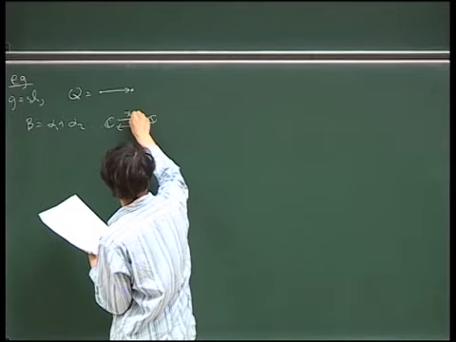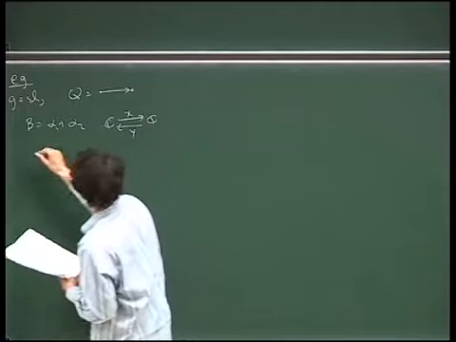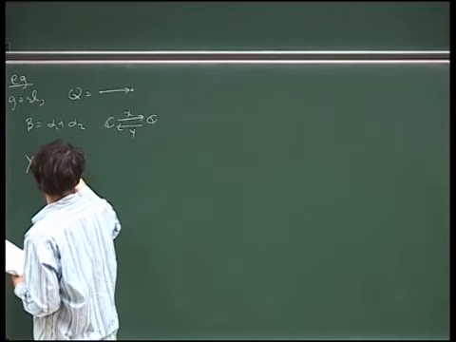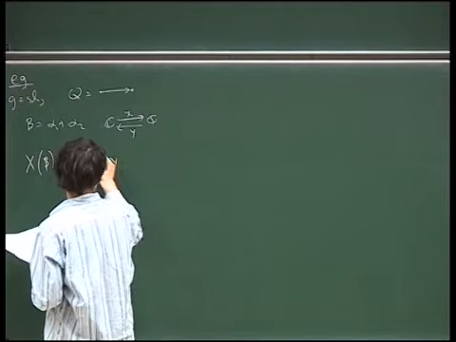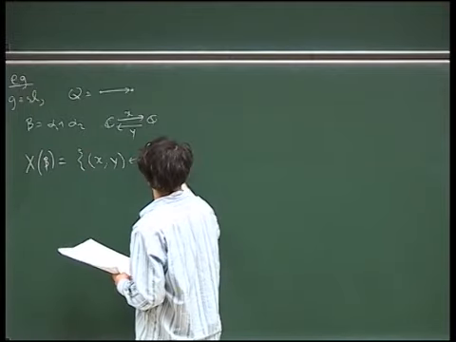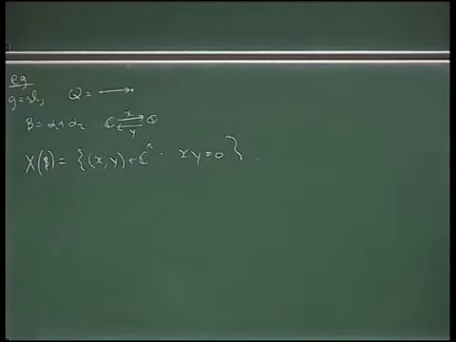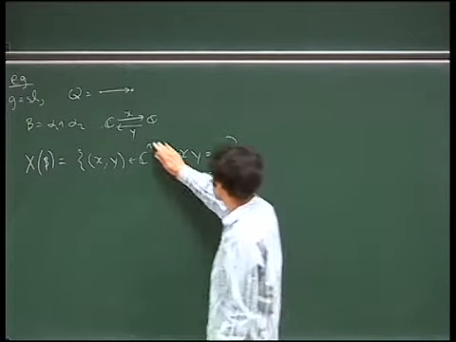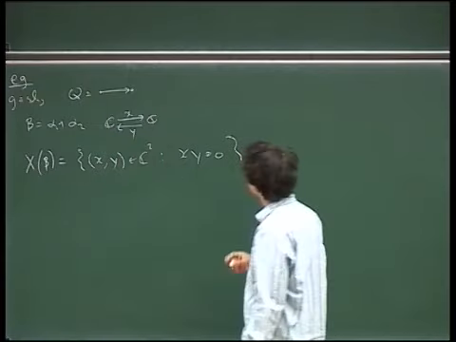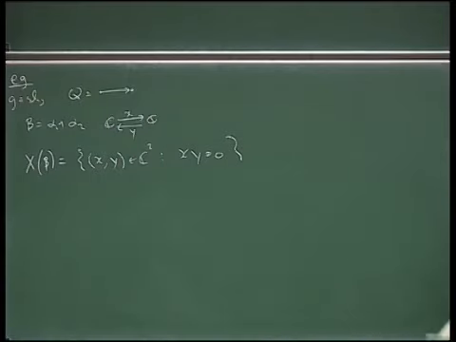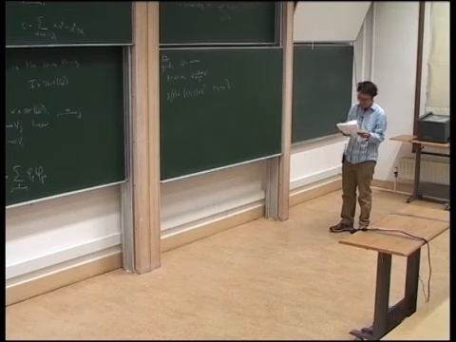Call these linear maps X and Y. Then X of beta will be the variety of (X, Y) in C^2 such that X times Y is 0. Notice that in this case the variety is reducible, and in general there'll be a bunch of irreducible components to our variety X of beta. That's what we're interested in, the irreducible components of X of beta.